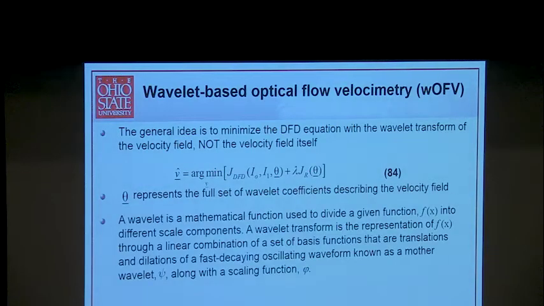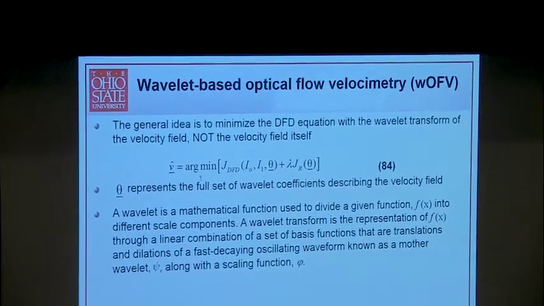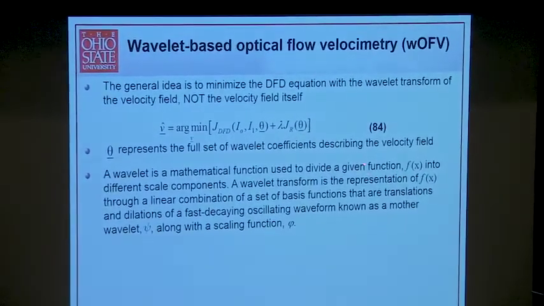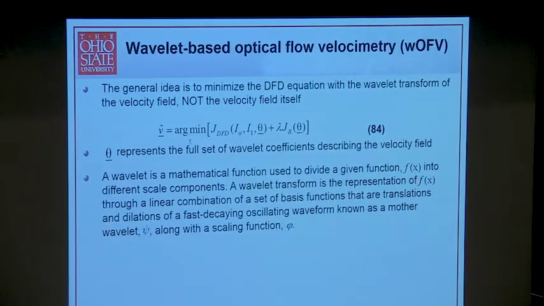Okay, so let's talk about that. A wavelet transform is a mathematical function that takes any given function, in our case the velocity field, but we'll call it general F, into different scale components.